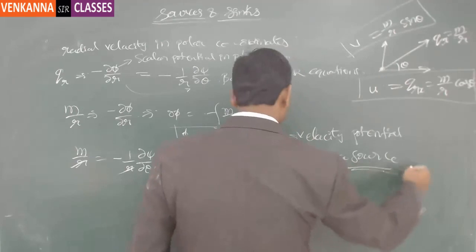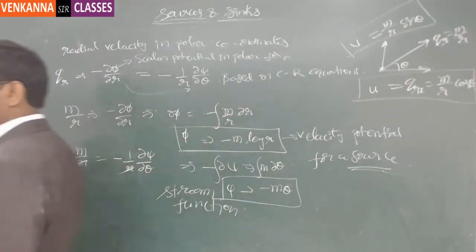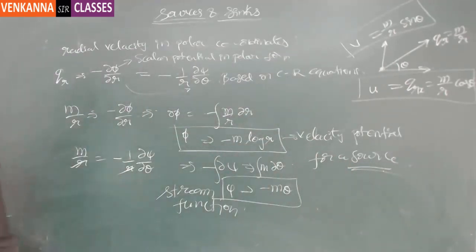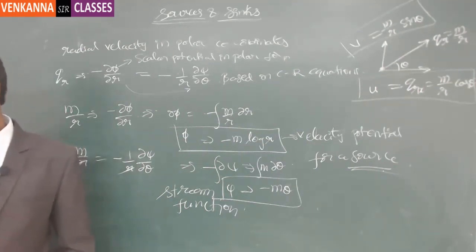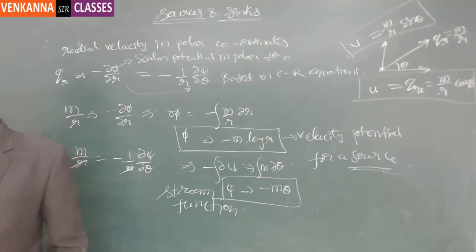Got it? So if your source of strength m is given, the potential function will be minus m log r and the stream function is minus m theta. Got it? Noted down?